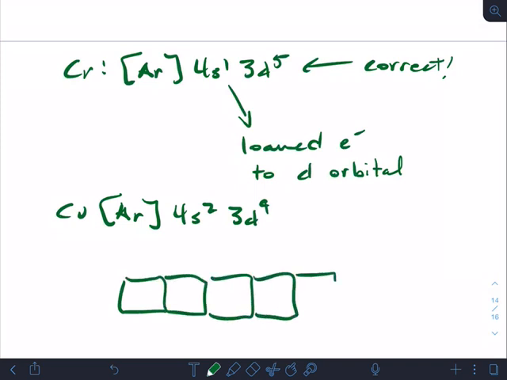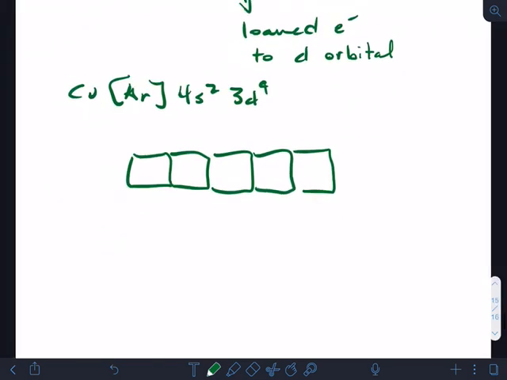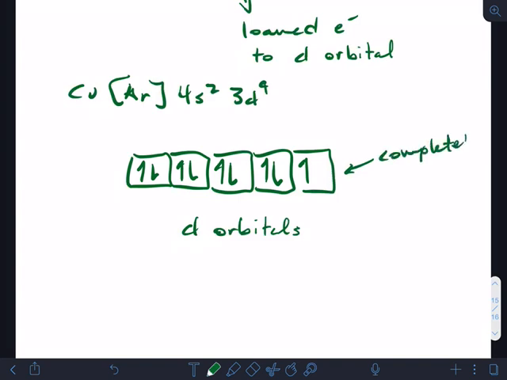And if I have my d orbitals 3, 4, 5, and I put my electrons in them, completely full is very stable.